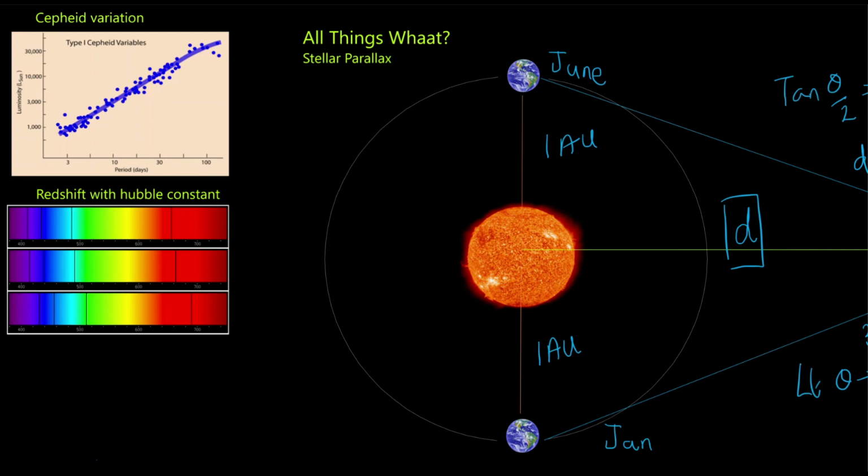The brighter the star, the longer it took to cycle through its luminosity. So in this chart, if the star was very bright, it took a longer time to cycle, versus a star that was on the dimmer side took a shorter period of time to cycle through its phases.